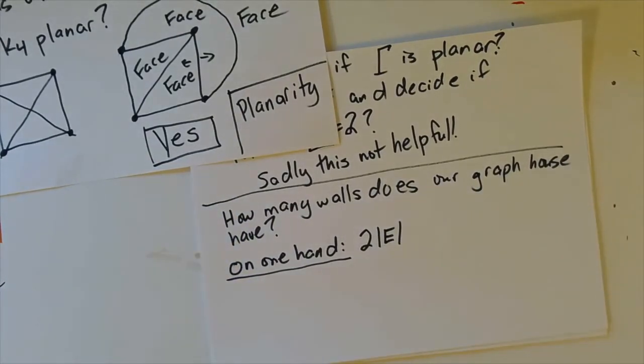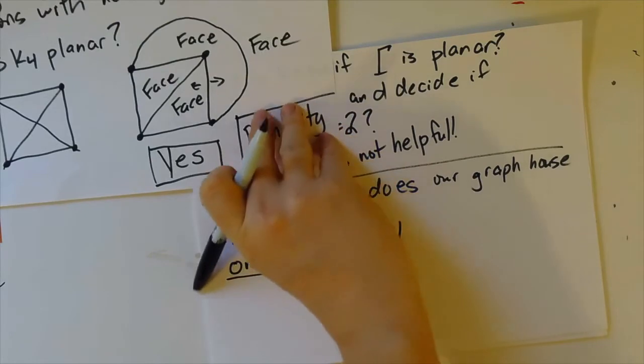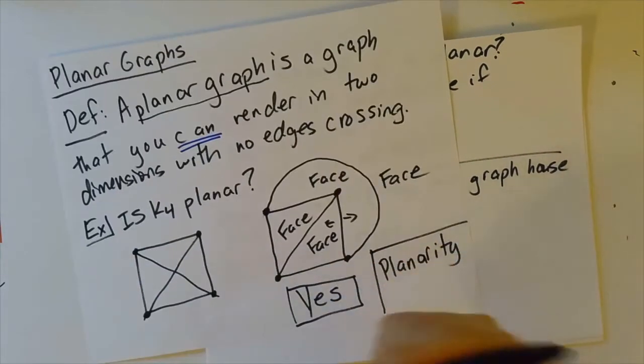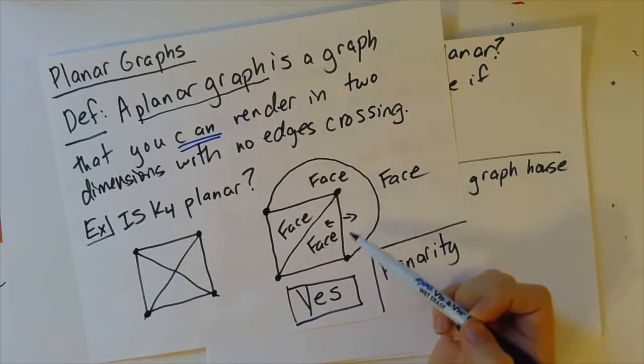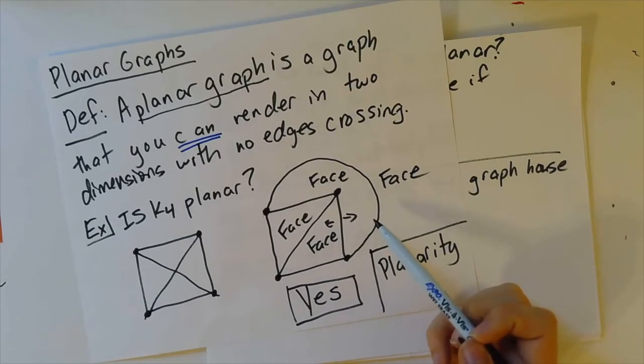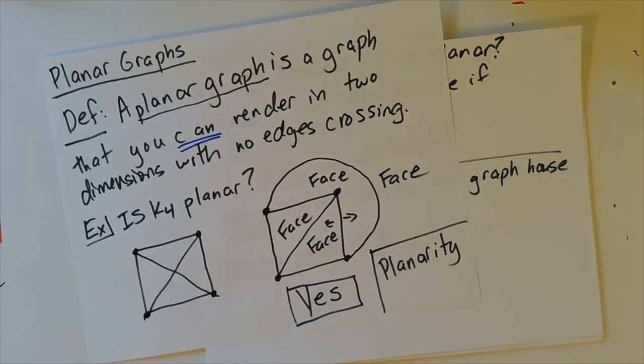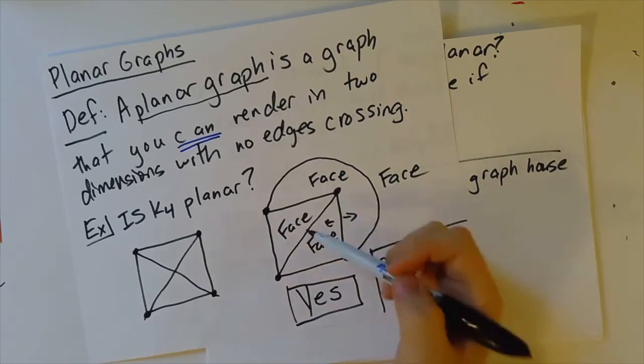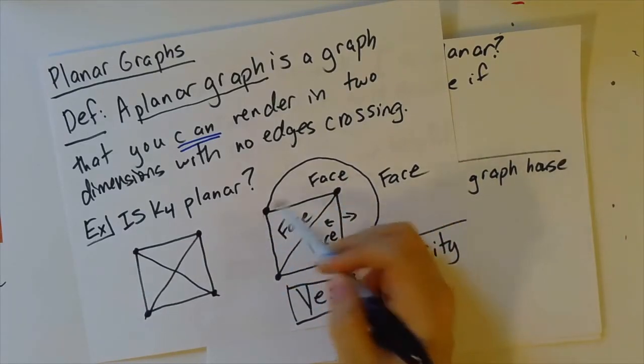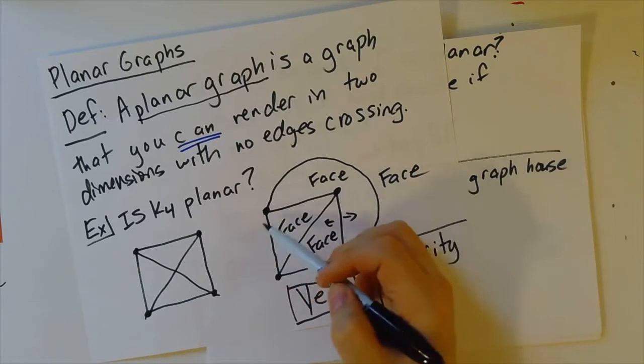On the other hand, I want to think, what do I know about the relationship between the number of walls and the number of faces, or the number of rooms? Well, every room has at least 3 walls. Why is that true? Because I can't possibly make a bounded region out of 2 walls.